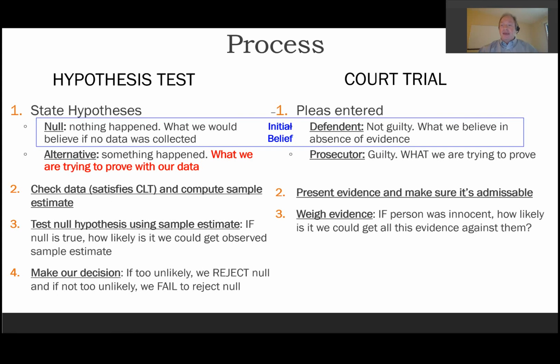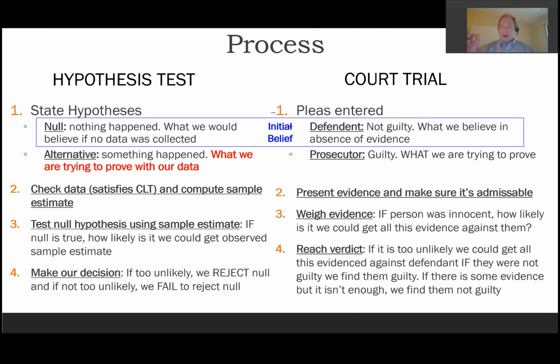And finally, we make a decision. If it turns out that the sample is too unlikely to occur if the null was true, we reject the null. But if it's not too unlikely, if we could get the sample estimate if the null was true, we're going to fail to reject it. This corresponds to a court of law, where if it's too unlikely we could get all that evidence against the defendant if they were really not guilty, we find them guilty.